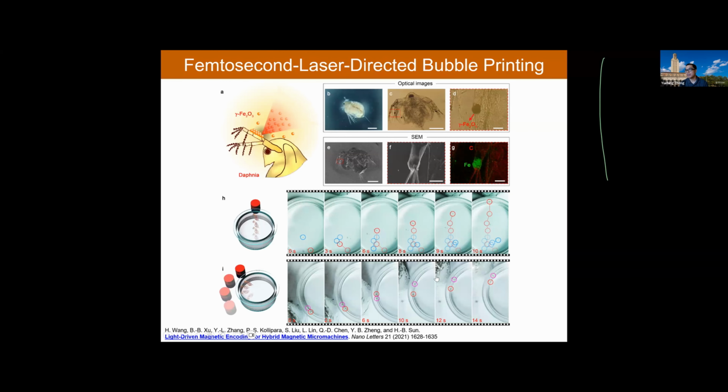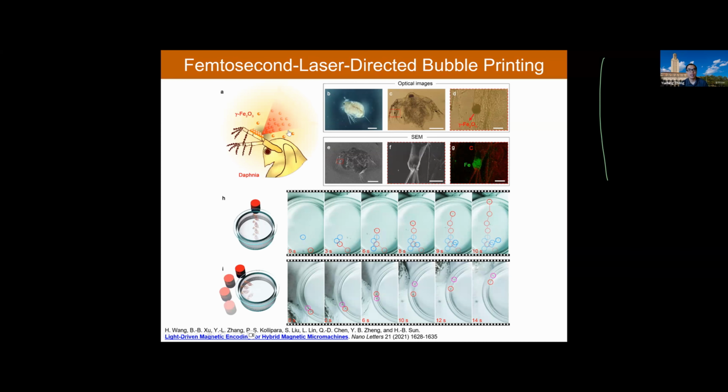And we can even use this bubble printing to coat particles on any surface. And of course, in many cases, we need the surface to absorb light and generate heating. But in order to make it more general, we can use a femtosecond laser, which can make many surfaces absorb the light and become heated up.